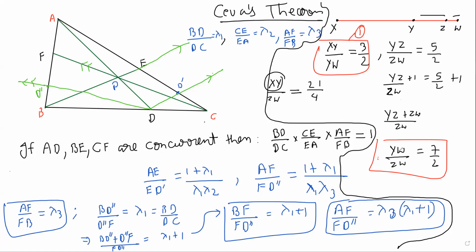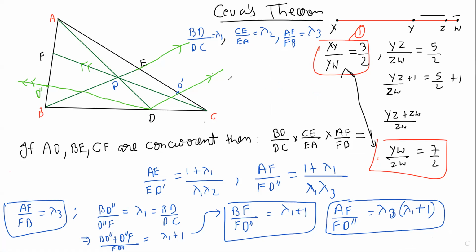Now you have yw by zw and you have xy by yw. Let's multiply these two equations. The yw will go away. You have this xy by yw, you just multiply this with yw by zw, then this cancels out and you get xy by zw.